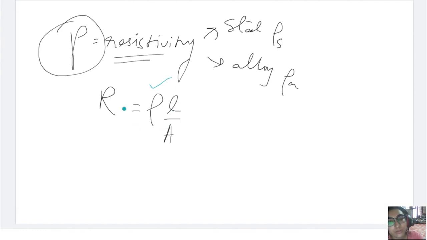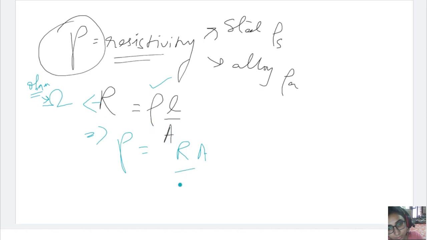Now, one thing that I forgot to mention is that the SI unit of resistance is ohm, and it is denoted by this symbol. The funny thing is that when we find out the unit of resistivity, we call it mho, which is actually the opposite of ohm.